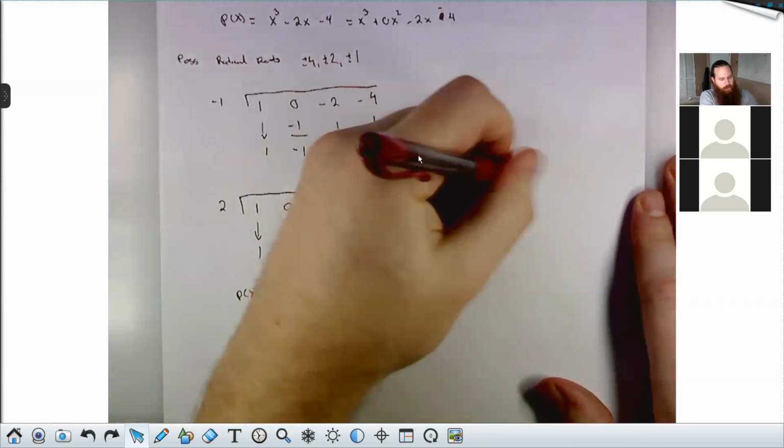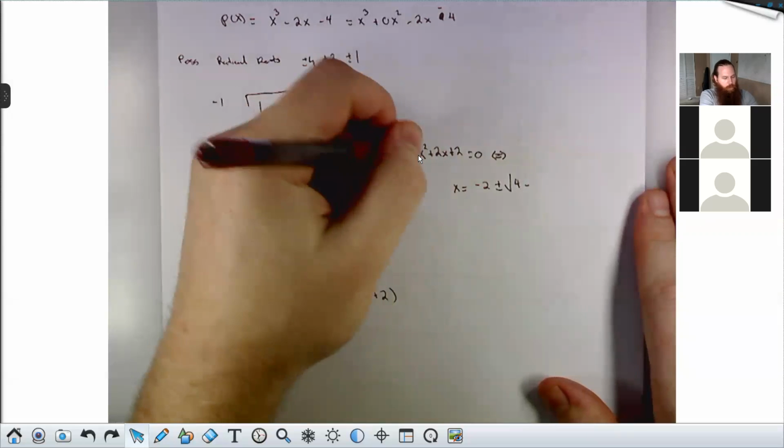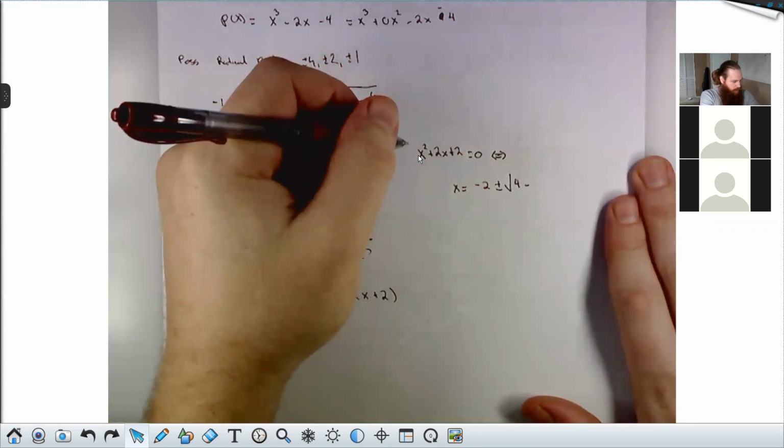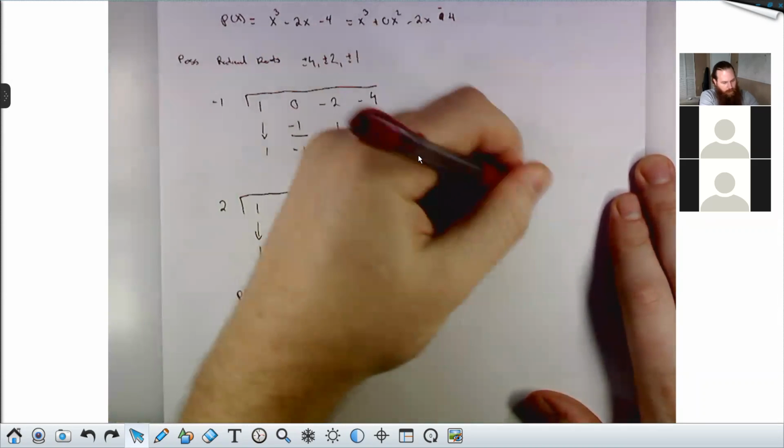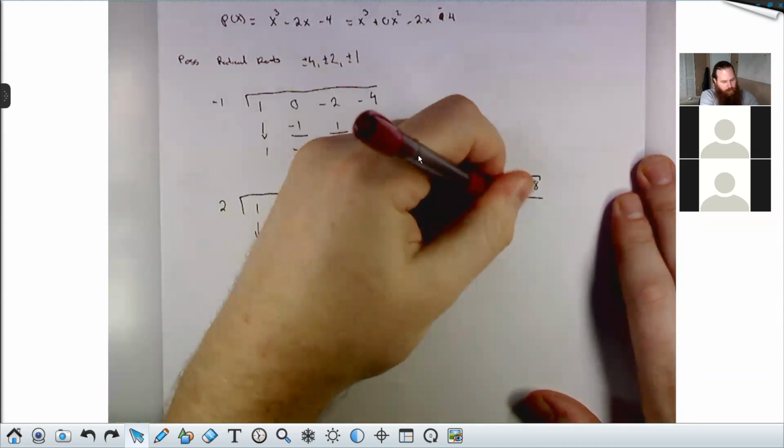b squared here is 4, minus 4 times 1 times 2 is 8, all over 2a, which is 2.